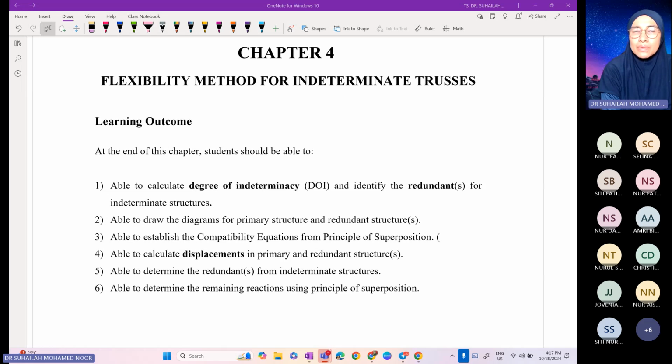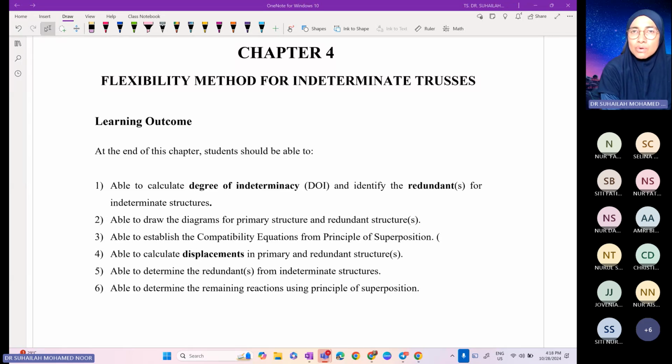So after that, we will substitute the member forces into the displacement formula. The displacement formula is different compared to the previous beam and frame, because the internal force now is N. And after that, we will determine the displacement, and substitute the displacement into the compatibility equation. By solving the compatibility equation, we will get the redundant, and after that, we will solve the remaining reaction.